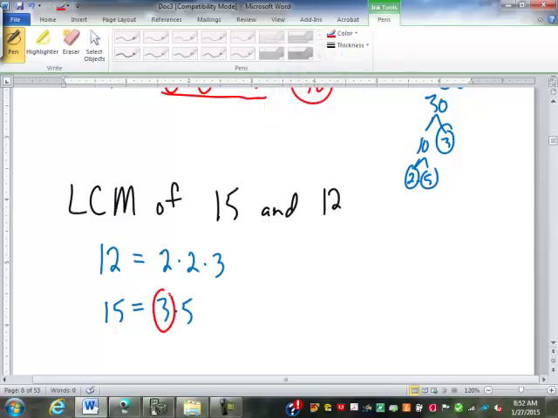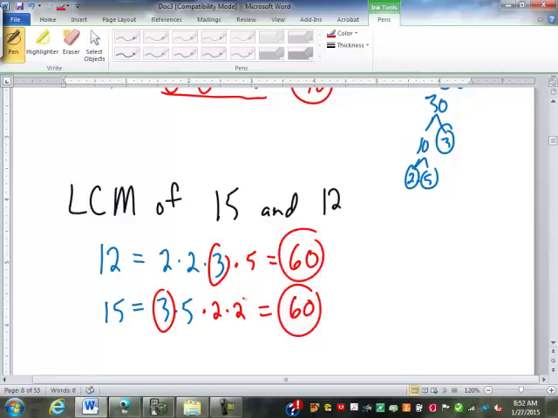Yep, so they've already got 3's. This one needs a 5 and this one needs 2 2's. So 12 times 5 is 60. 15 times 5 times 2 times 2 is 60. So 60 is the least common multiple. It's kind of a slick way of finding your least common denominator, least common multiple.